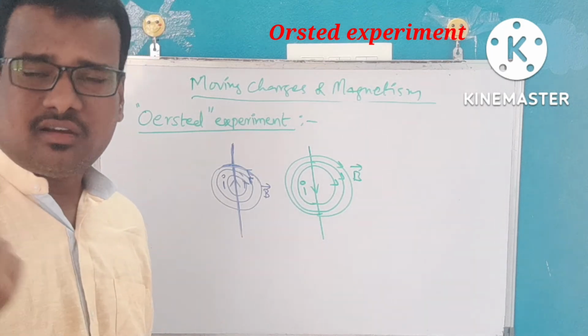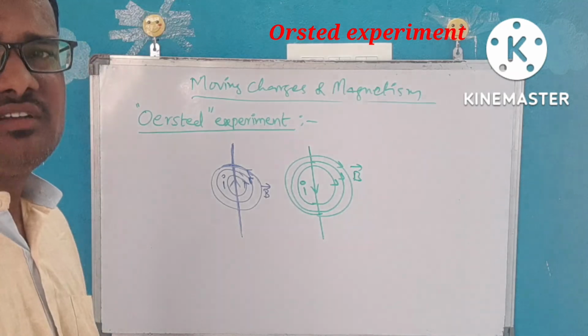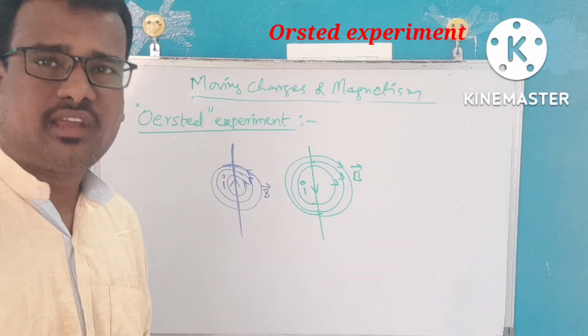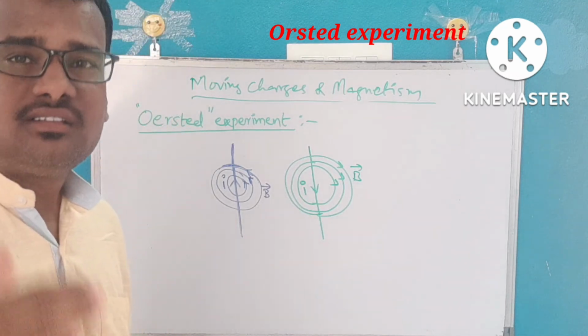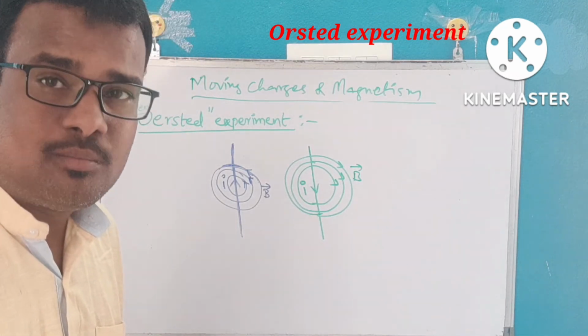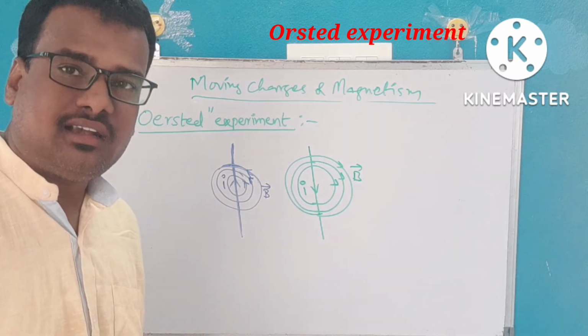That video can also be attached, so you can observe it carefully. So this is about the Oersted experiment and the right hand thumb rule to represent the directions of the current and magnetic field.